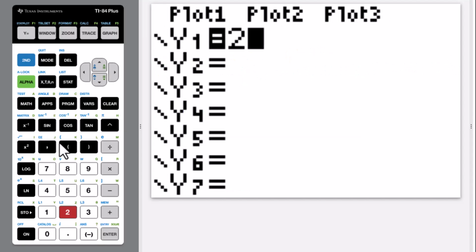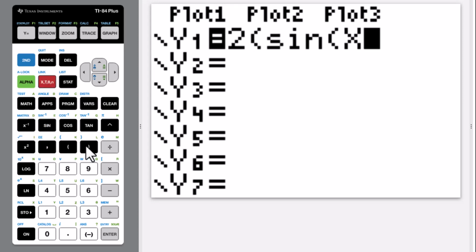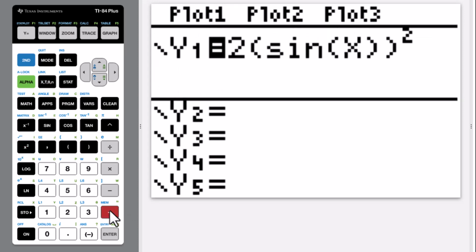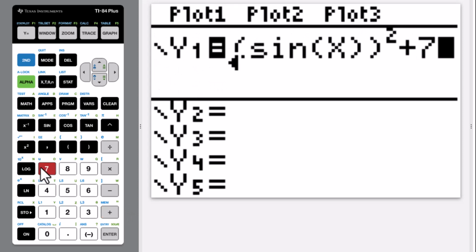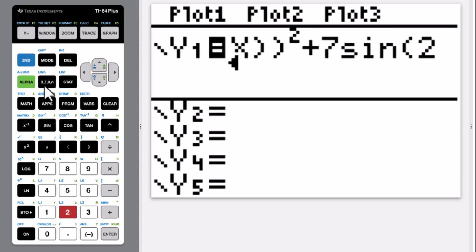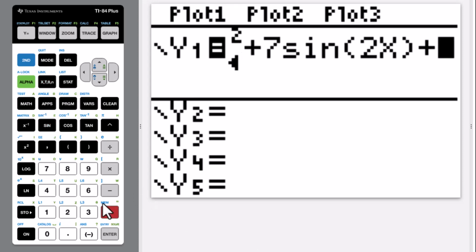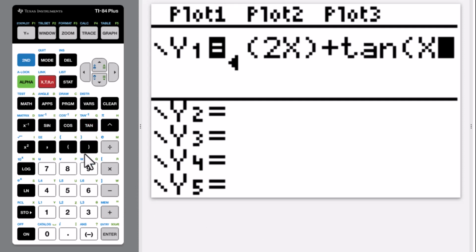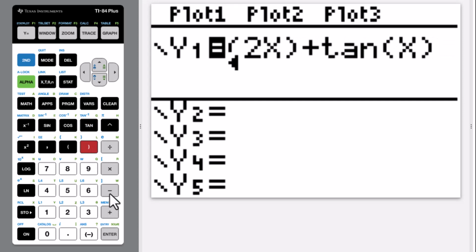Enter 2 times sine x squared, plus 7 sine 2x, plus tangent x, minus 9.